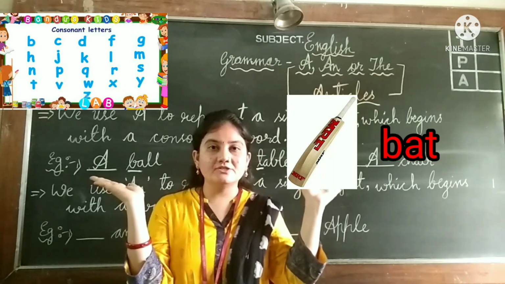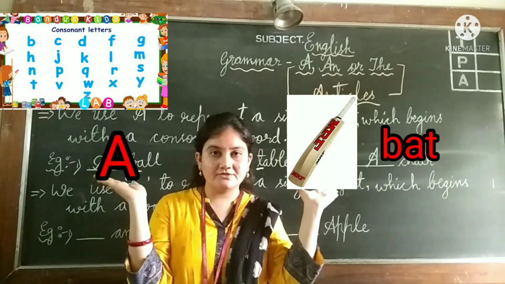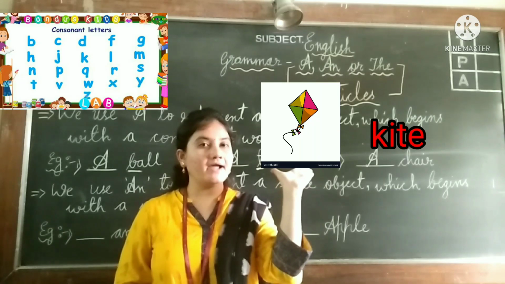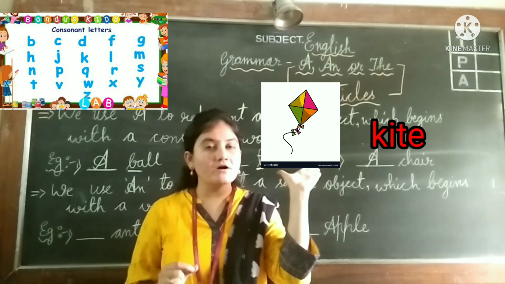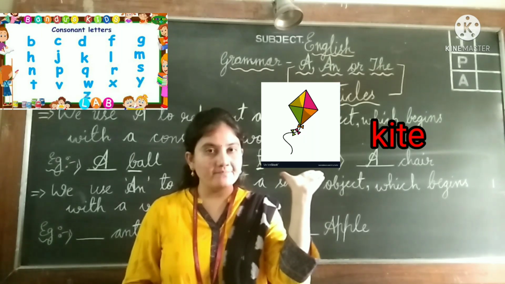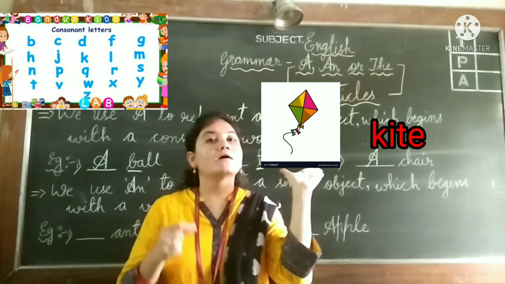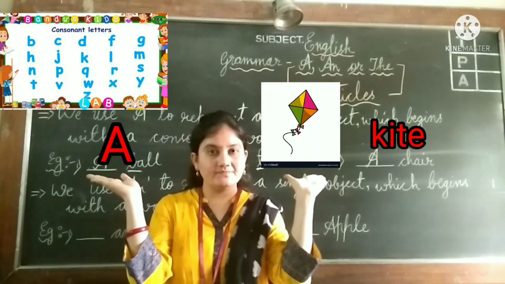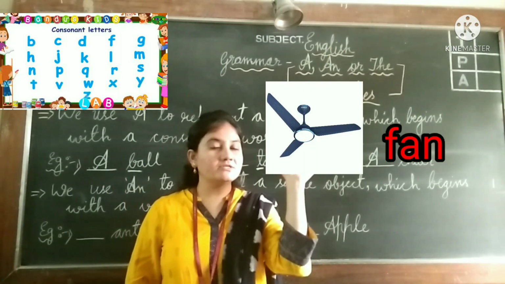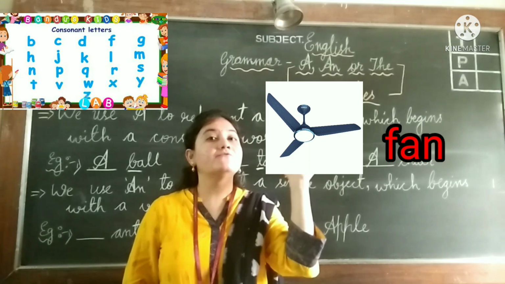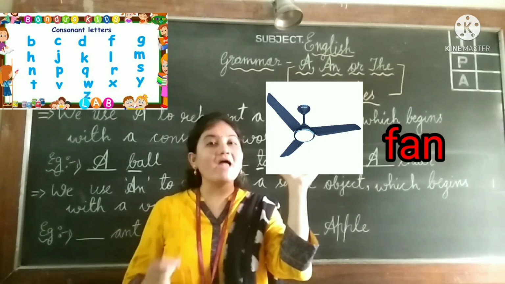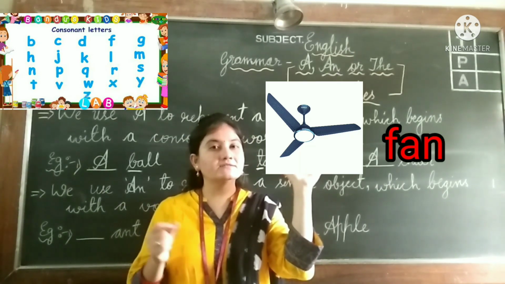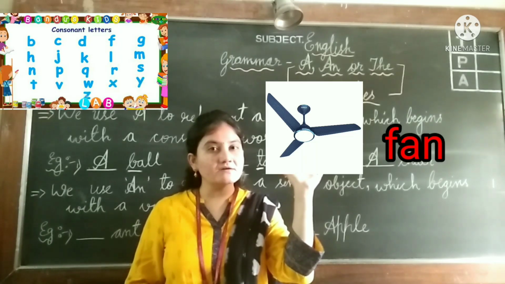So for bat, we'll use A. A bat. Now see, what's the picture? Yes, it's a kite, K-I-T-E. The word begins with the letter K, which is a consonant letter, so we'll use A kite. Next, what's the picture? Yes, it's a fan. The word fan begins with the letter F. Is F a vowel letter or a consonant letter?